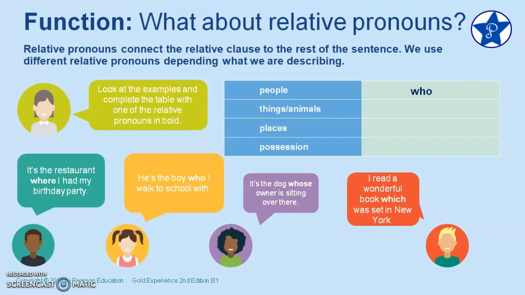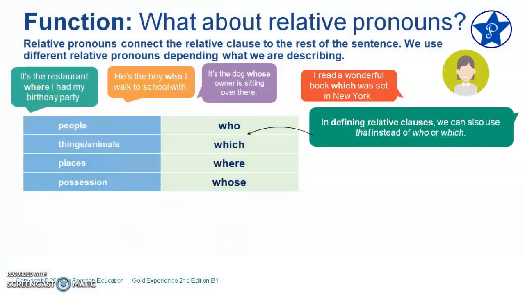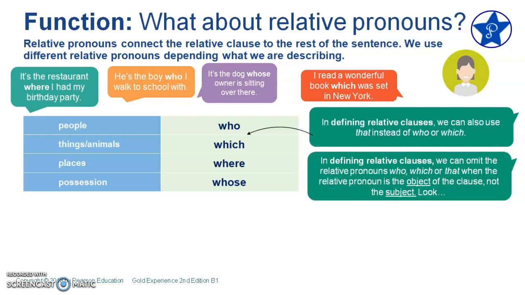We use who for people, which for things or animals, where for places, and whose for possession. In defining relative clauses, we can also use that instead of who or which.